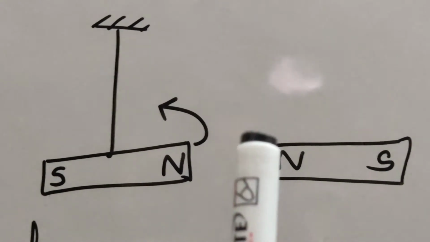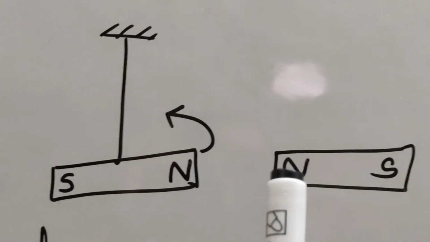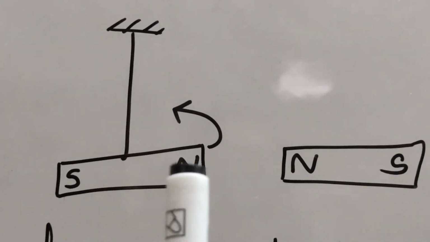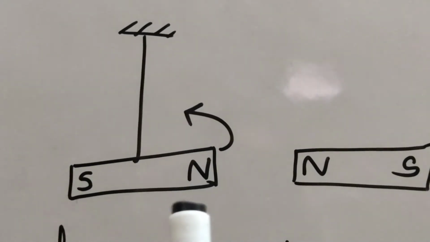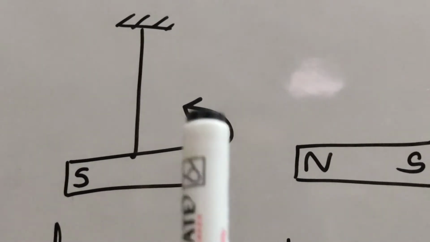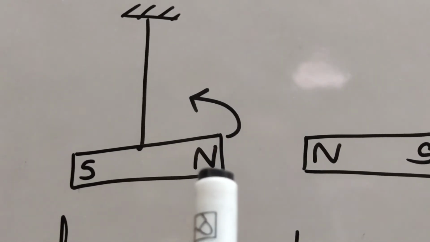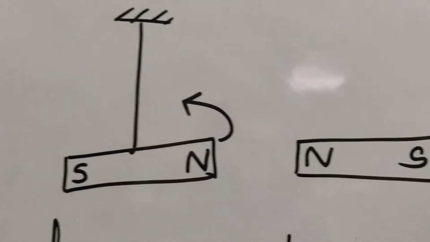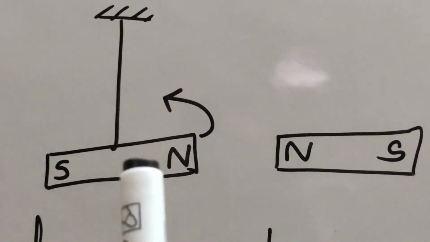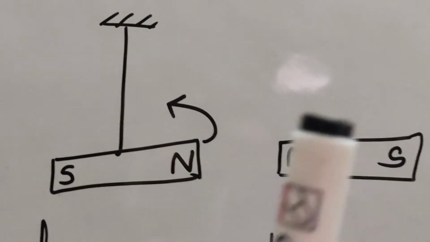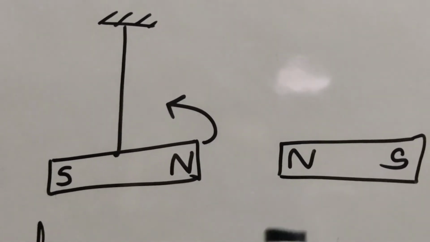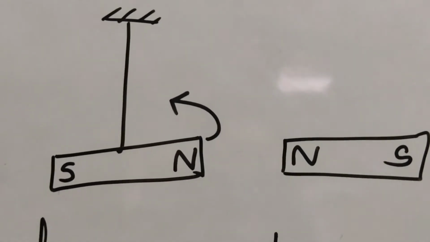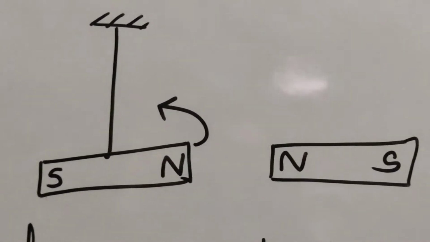Now if I bring another magnet close to it such that the north pole of the other magnet is brought closer to the north pole of this magnet, then this will show repulsion. So this north pole will be repelled when we bring this magnet here, and when we bring the south pole here, then it will be attracted. So from this activity we know that like poles repel each other and unlike poles attract each other.